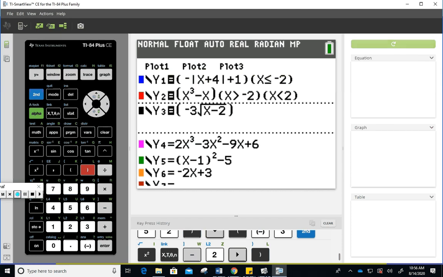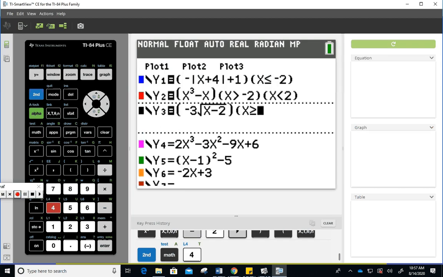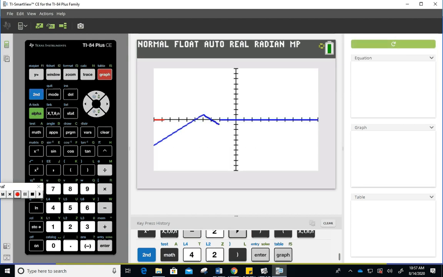And then x is greater than, so new parentheses, x key, test menu, greater than or equal to 2. And when you enter, then you ought to be able to graph that.